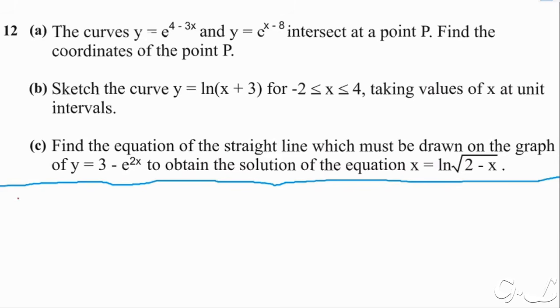So now, in this video tutorial, we are now going to B. So for B, we're given that the equation is y is equal to natural log of x plus 3. So that is the equation that we're given.